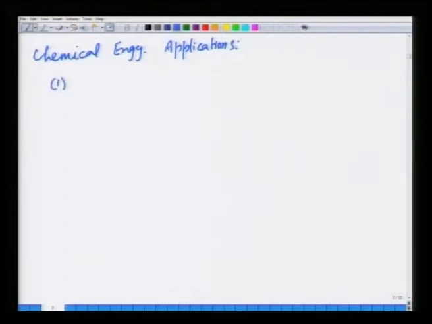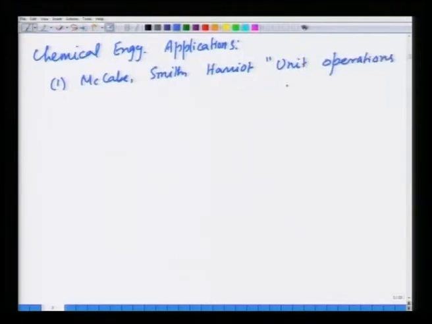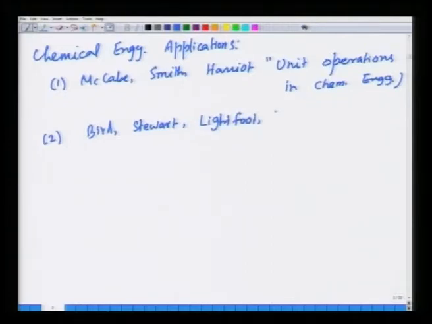And for the chemical engineering applications, some useful reference texts are the books by McCabe, Smith and Harriott on unit operations in chemical engineering, and the book by Bird, Stewart and Lightfoot called Transport Phenomena.